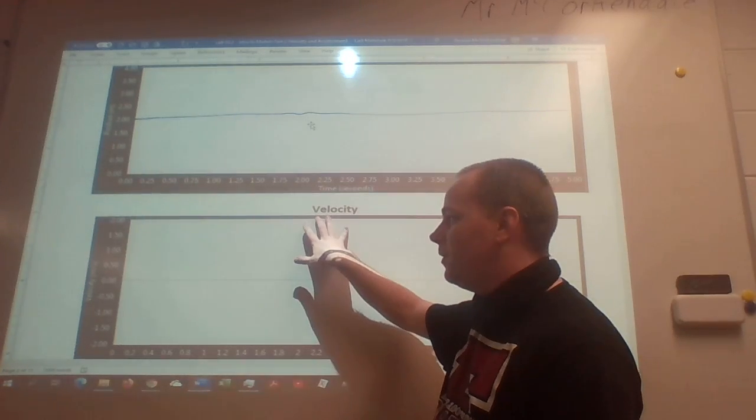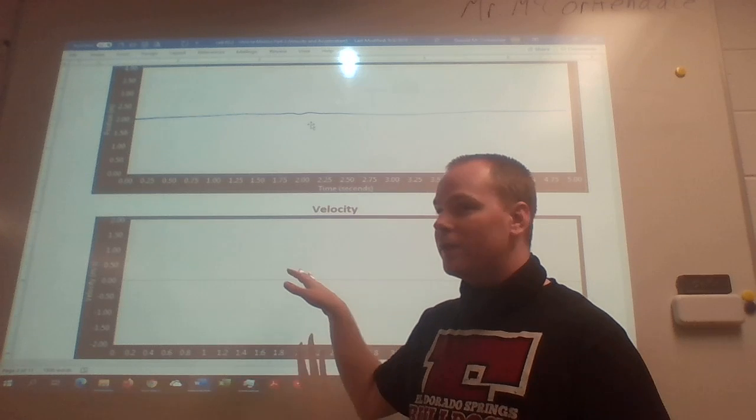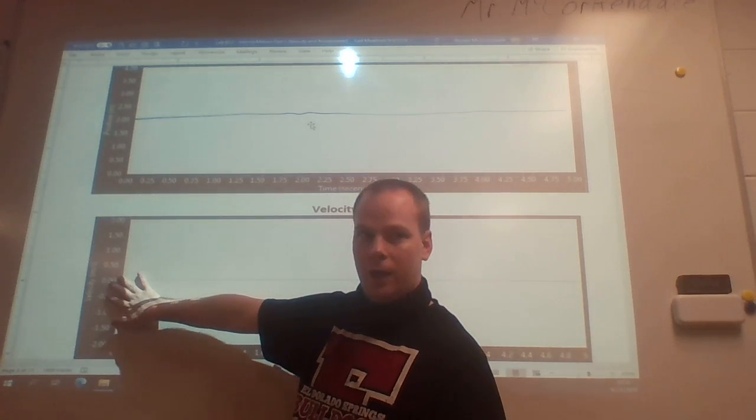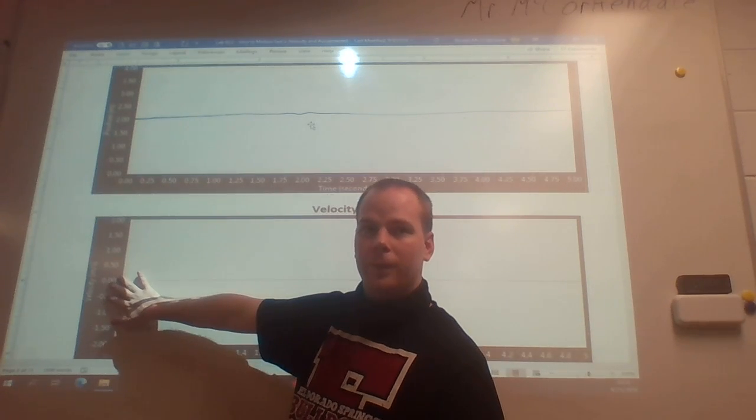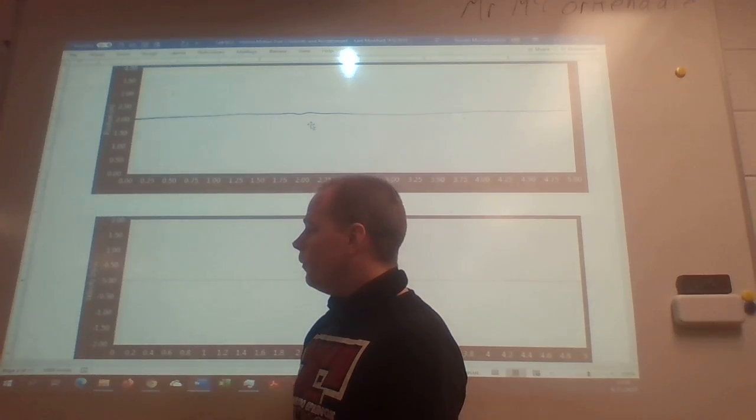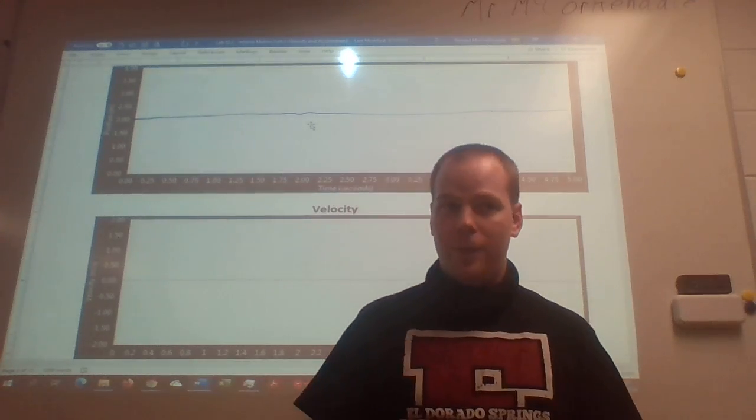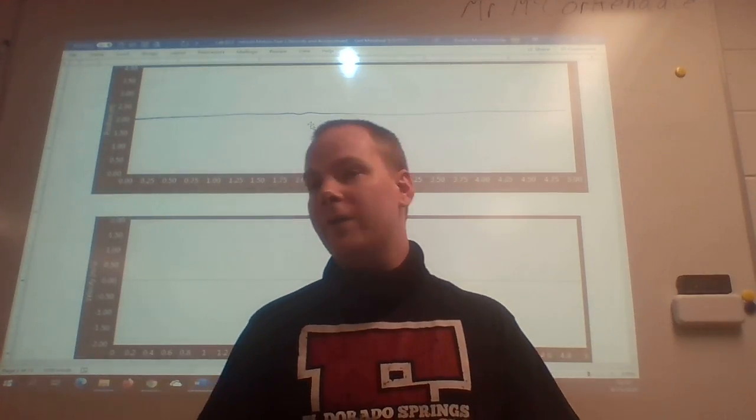On a velocity time graph, a horizontal line means the same thing. Your velocity is not changing. And on an acceleration graph, it would mean your acceleration is not changing.